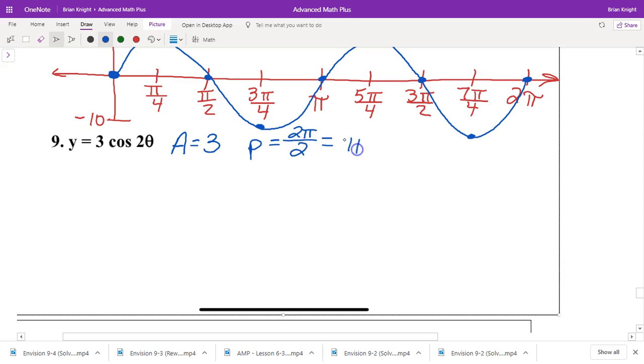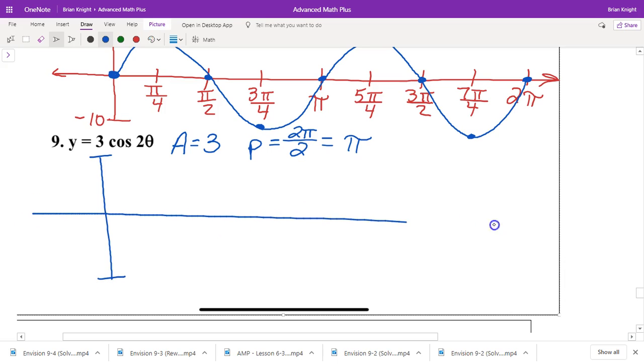So that is just pi again. So it will look very much just like the one we just did. Half that up, half the halves, and then half it one more time. That's all I'm doing.